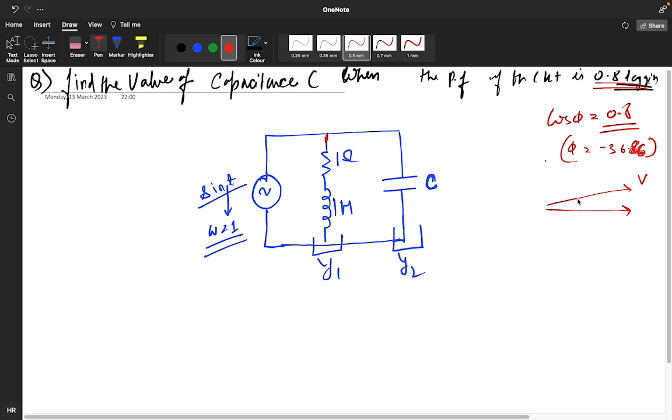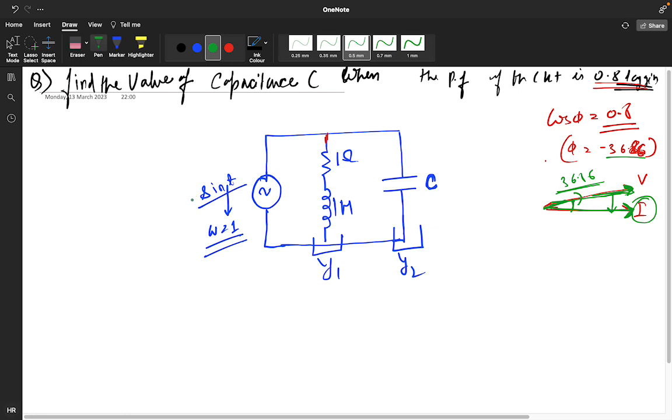This particular is your voltage and this is your current, lagging by 36.86 degrees. So your current is lagging, it's behind, and your voltage is leading. So you need to find the relations between these.